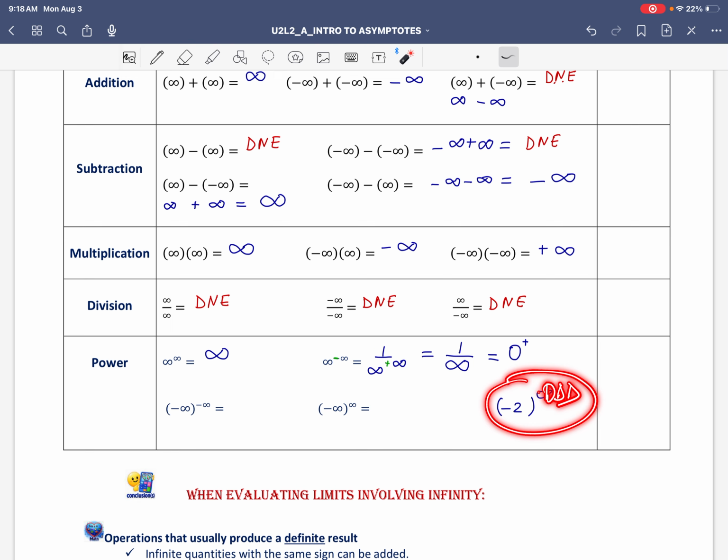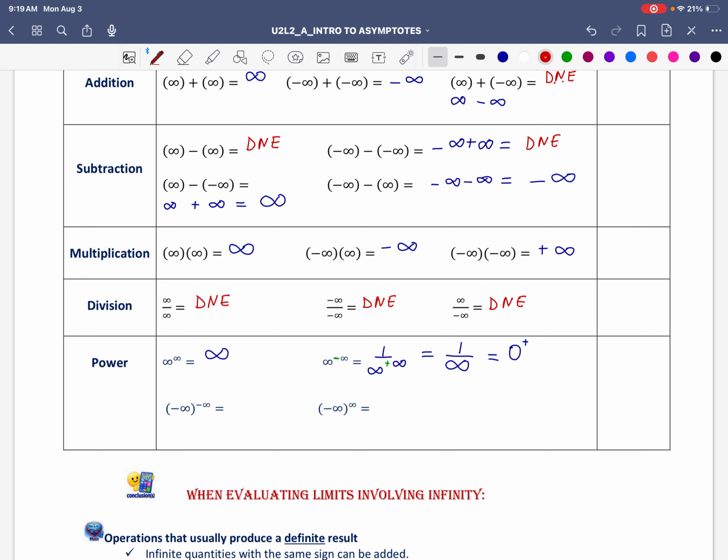And these are very extreme and very opposite values. So bringing a base with a negative sign to the power of infinity makes no sense. So we're going to say that in this case, negative infinity to the power of infinity doesn't exist.